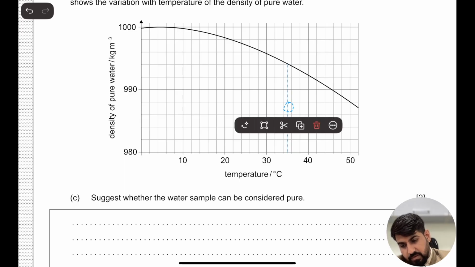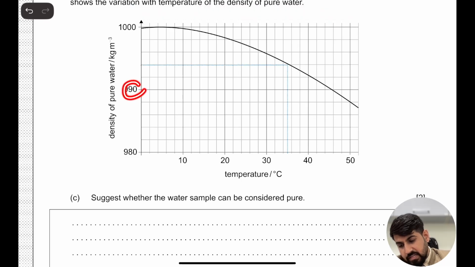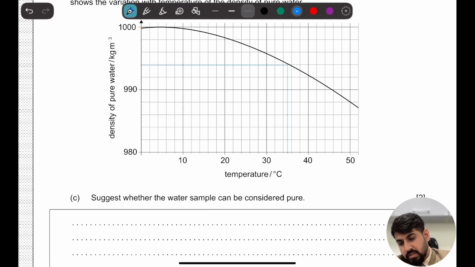This value corresponds to around 994. It can be plus minus 1, but it is 994 at 35 degrees Celsius.